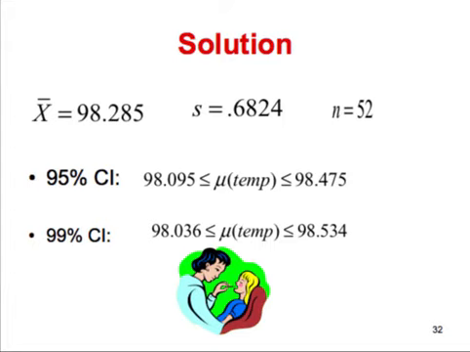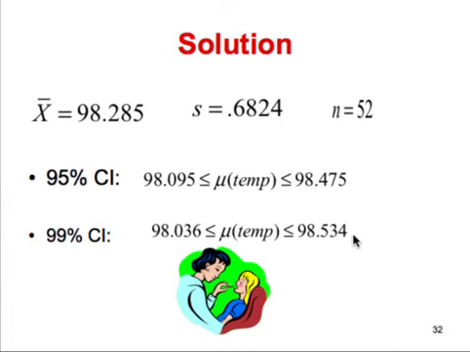So this slide puts together both confidence intervals in one place. I remind you of the summary stats, the 95% interval and the 99% interval. We will note that the 99% interval is somewhat wider.